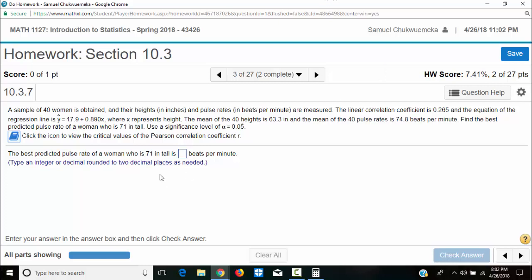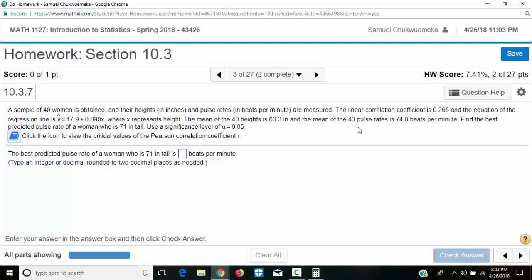So when you find out there is no linear correlation between the two variables, you don't use the regression equation. You don't do that. Rather, you use the sample mean of the response variable. You don't use the sample mean of the explanatory variable. The explanatory variable in this case, which is the x, is the height. The response variable is the pulse rate.